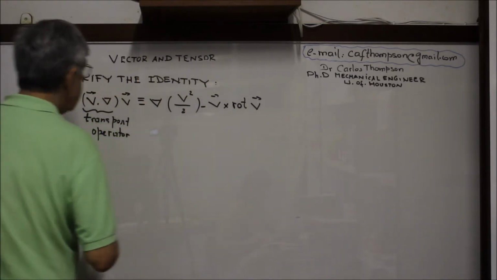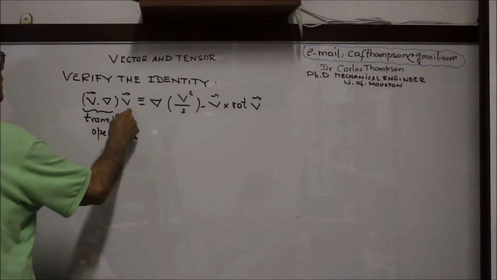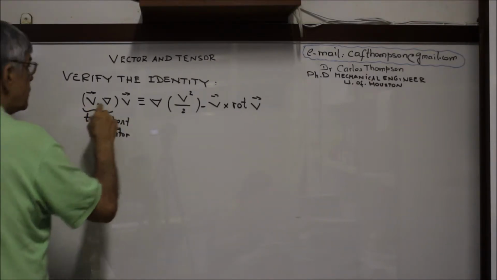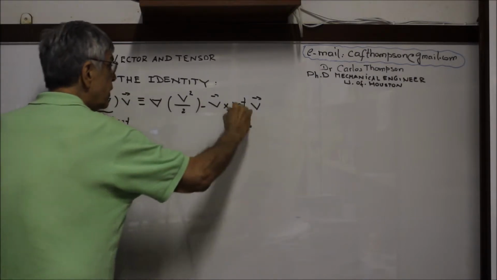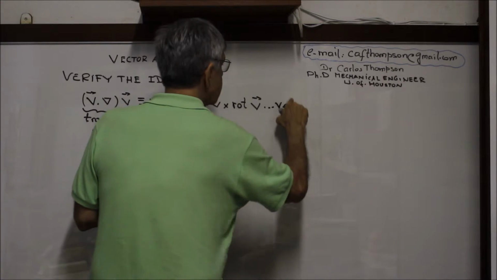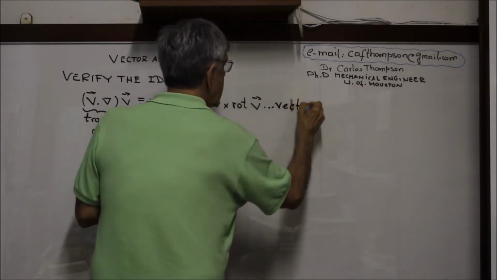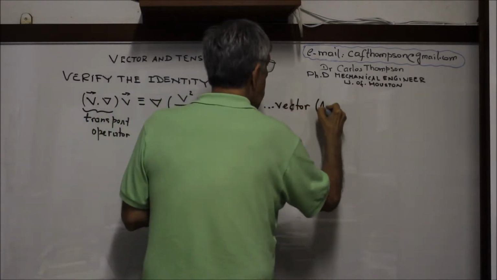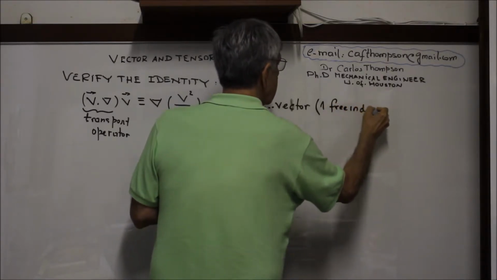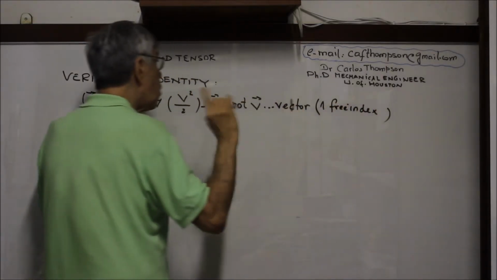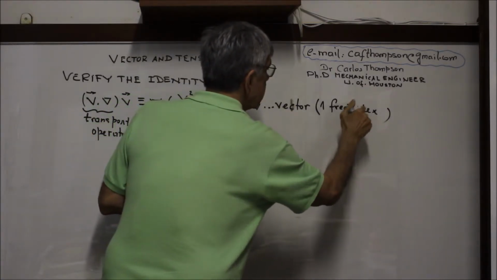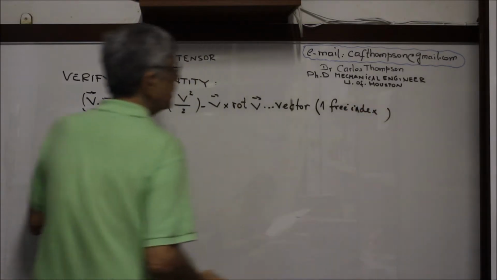Let's prove this identity. So the left hand side, you see this is a scalar operator. You see this whole identity, this is a vector. So we see one free index. There is only one free index in this whole identity.